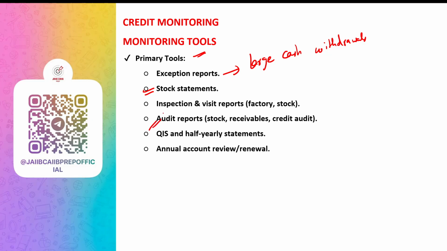Then we have audit reports. It can be a stock audit or a receivables audit. Stock audit is for verifying physical inventory and receivables audit is to check outstanding payments from customers. Then QIS, quarterly information statements, and half yearly statements.